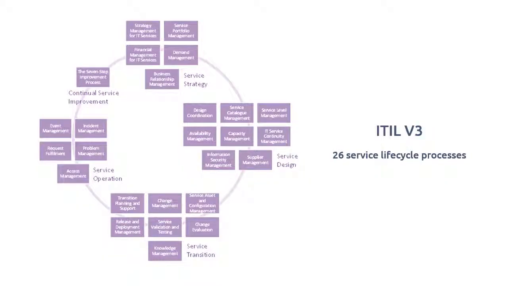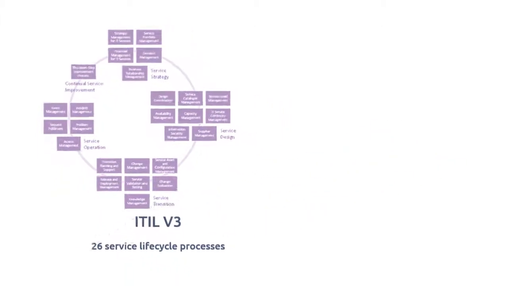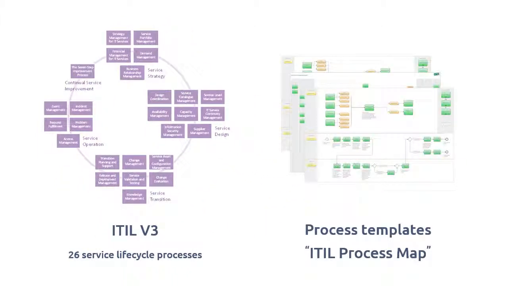Let's first recap that ITIL v3 was organized around the service lifecycle and defined 26 processes. These processes could be translated into the process templates that we provide as the ITIL process map. So things were quite straightforward with ITIL v3. With ITIL4, the situation is somewhat more complicated, because there are no process definitions.